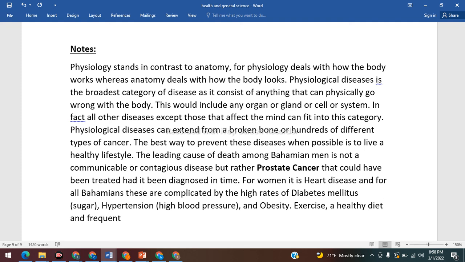and frequent doctor visits can help with improving your health and prolonging your life.